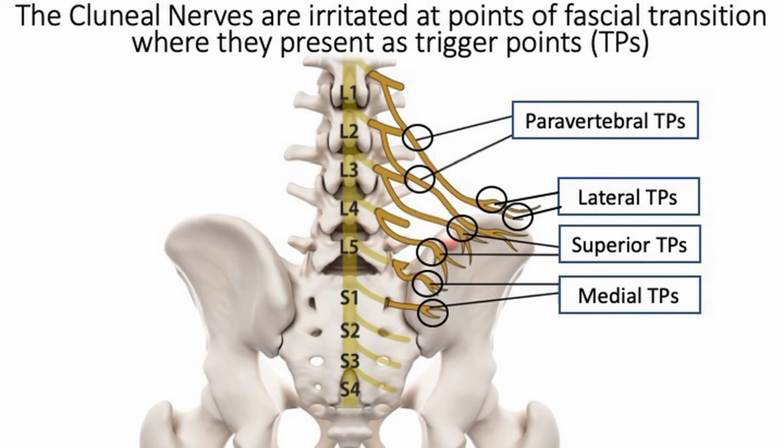As you'll see from the diagram, the cluneal nerves pass through trigger points in the paravertebral region or along the iliac crest.